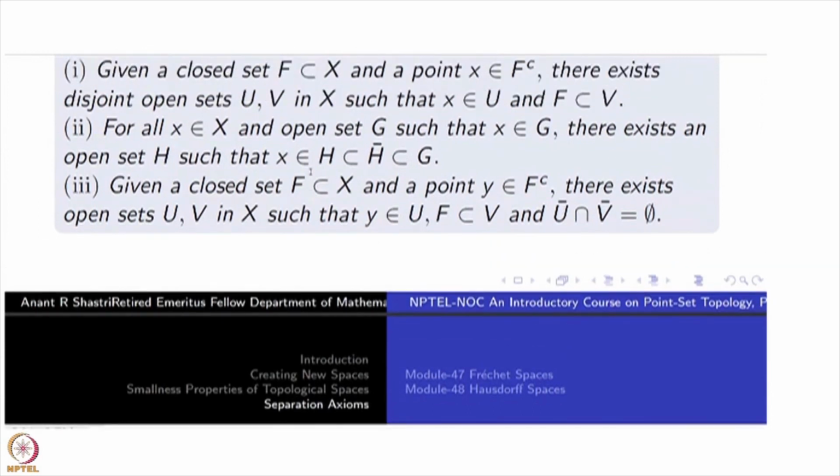So for that matter, I will take 1 as a definition, namely, given a closed set and a point outside it, there are disjoint open subsets containing them, x and F respectively, which is similar to Hausdorff's. The only thing is, instead of y, I have a closed set F. There is no condition on x. x could be any point not in F, that's all.